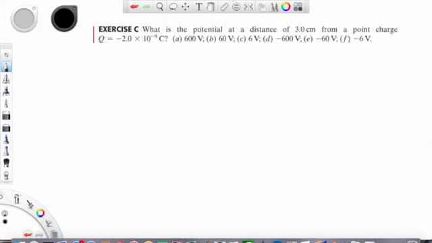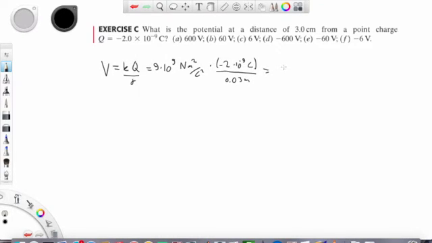Exercise C asks us to calculate the potential at a distance of 3 centimeters from a negative point charge. The potential is simply K times Q divided by the distance from the charge. So K is 9 times 10 to the 9 newton meter squared per coulomb squared, and our charge is negative 2 times 10 to the minus 9 coulombs, and the distance is 3 centimeters, 0.03 meters.